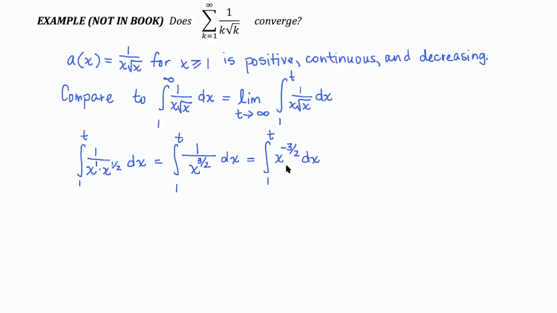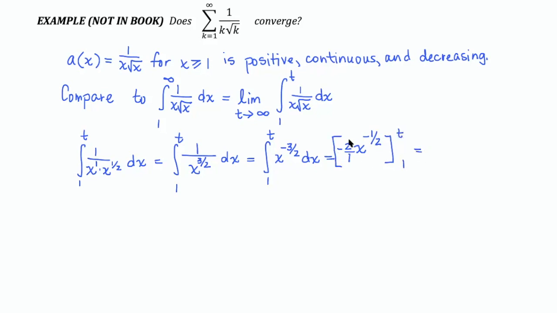This is now a simple case of applying the power rule for integrals, which says the antiderivative will be formed by adding 1, or in this case 2 over 2, to the exponent, giving me a new exponent of negative 1/2. And then I should divide by that new exponent or multiply by its reciprocal. So there's my antiderivative, which I need to evaluate from 1 to t.